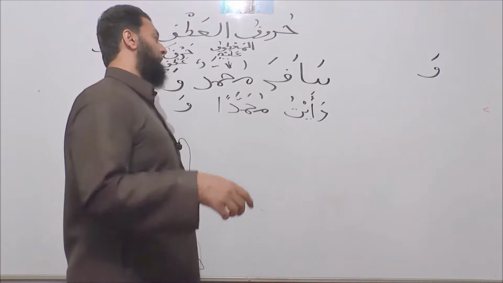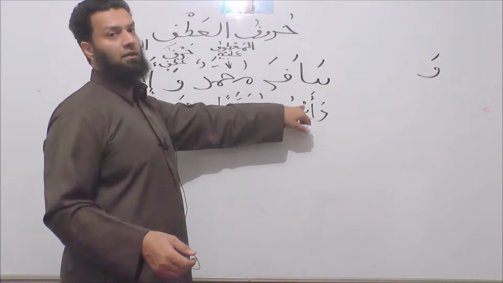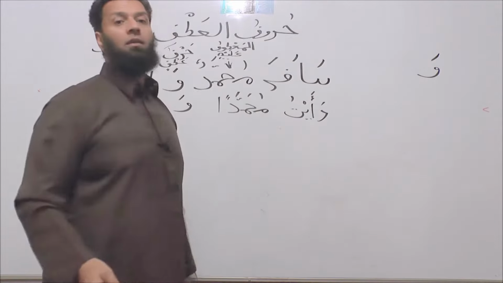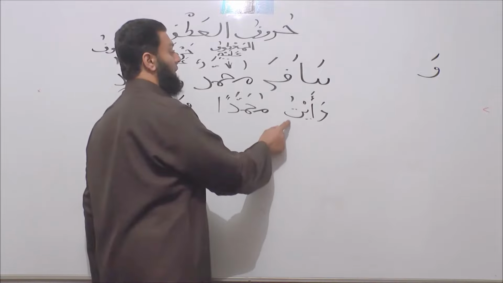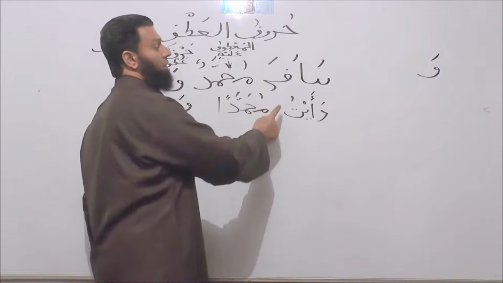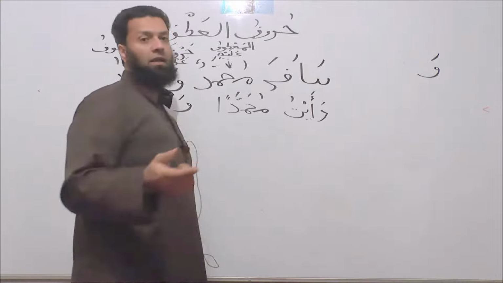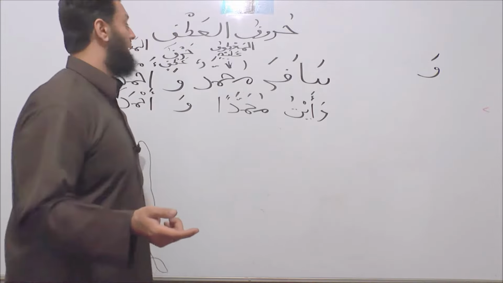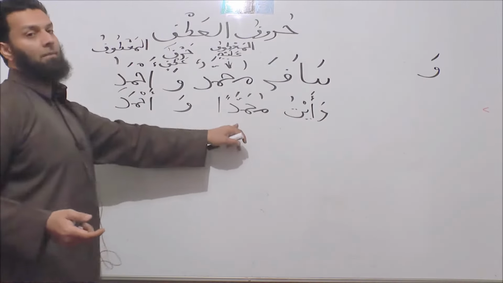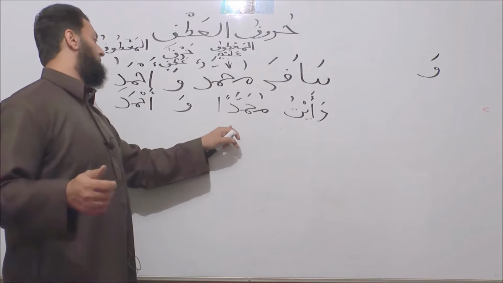Right? And it's مبني على السكون لاتصاله بتاء المتكلم, because it's connected with ta المتكلم which is مرفوع, with a dhammah. Right? So we have the fi'lun and the fa'ilun. محمدا is the مفعول به.